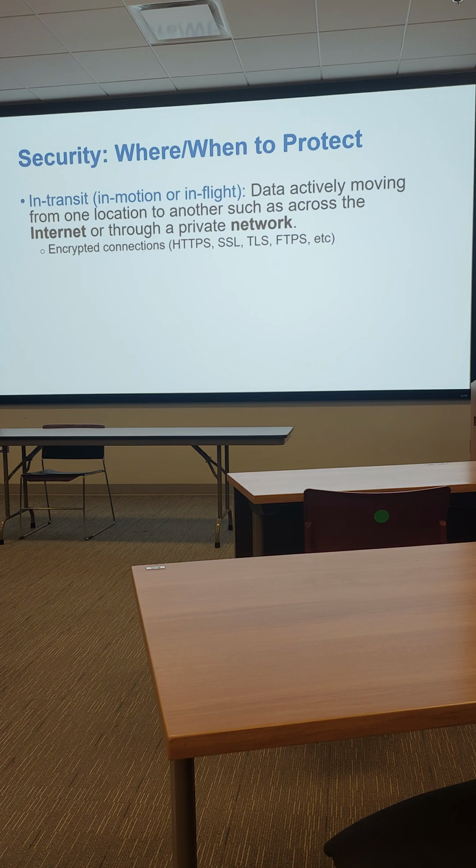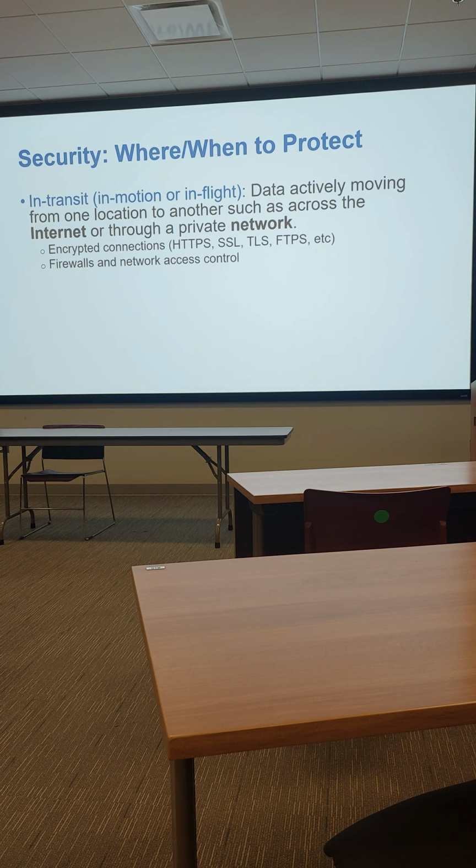So for all these connections while data is being transferred, these are providing data protection or encryption when data is transmitted. So this level of security, we call in transit data protection, or in motion data protection, or in flight data protection.